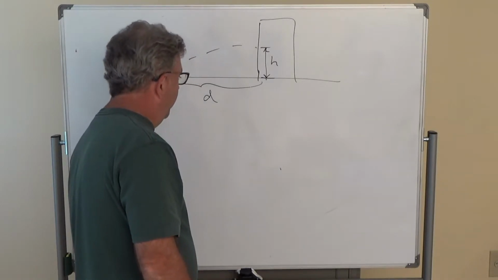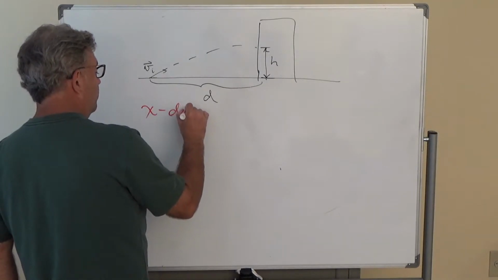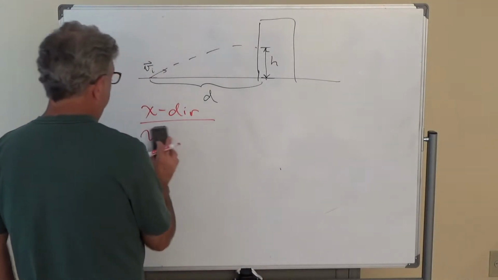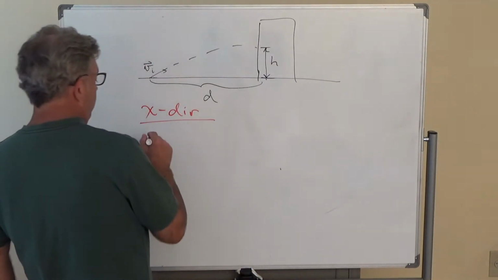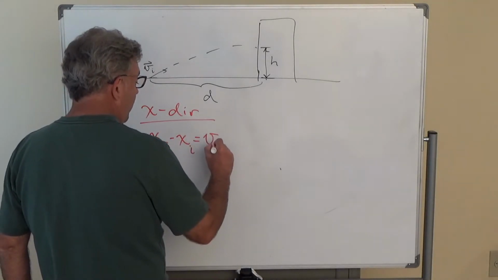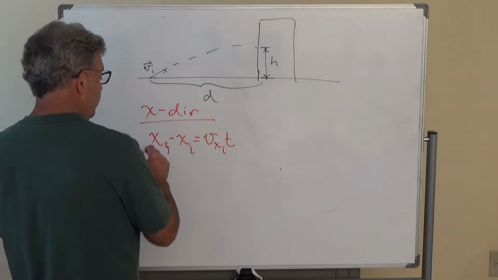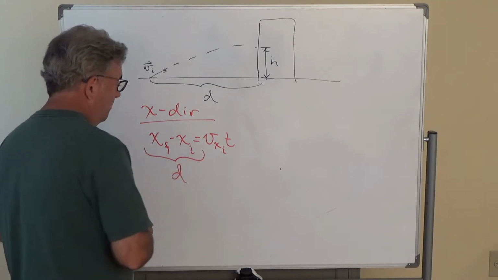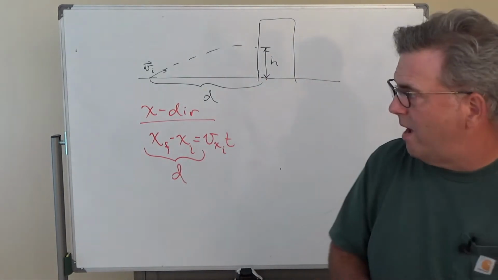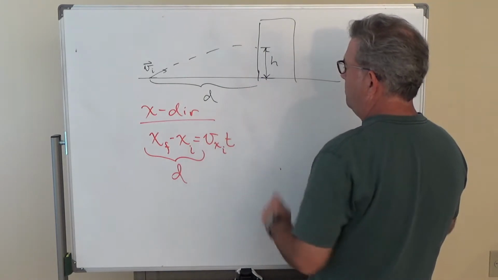So what do we know in the X direction? X final minus X initial is equal to V x initial t. This is equal to d. That's that distance. You're starting over here at X initial. This is X final.